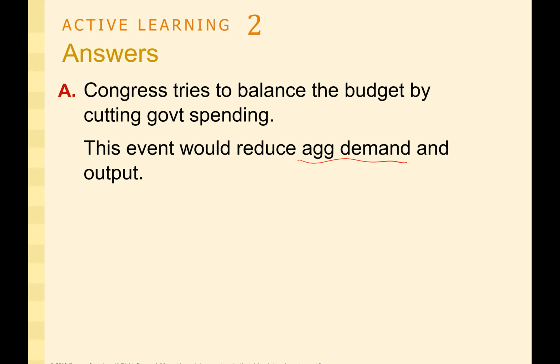Right? Cutting government spending. If fiscal policy is spending and taxation, there's really only 2 possible outcomes for either one: increase or decrease. And remember, we're still talking about aggregate demand.